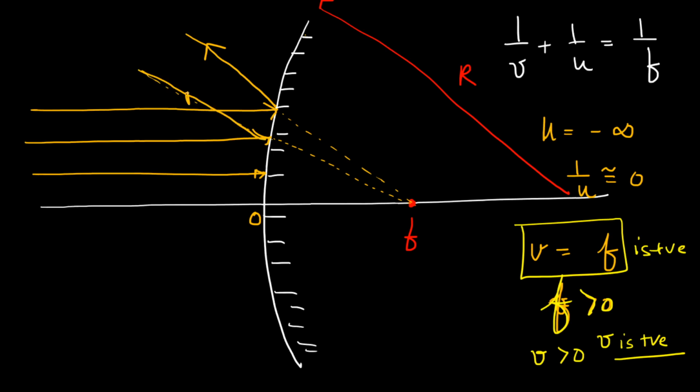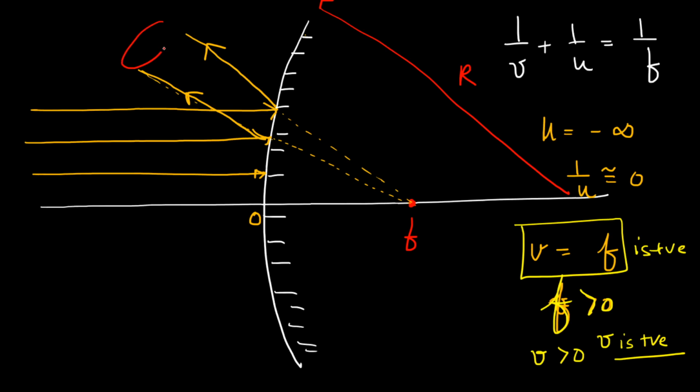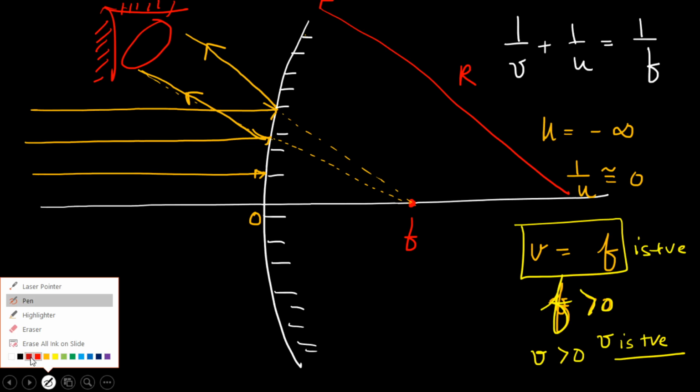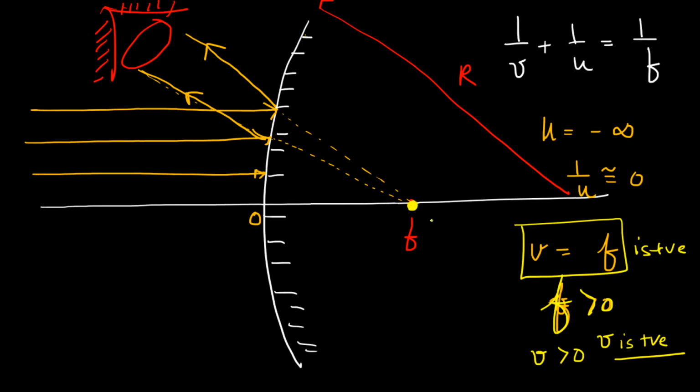What it means is, if there is an eye here, now what the brain thinks is that it's going to project these two rays behind. So the brain thinks that there is something here. Now this is the image. Where was the object? Of course, the object was at infinity. And there is a point object at infinity, and the eye sees it as a point object at this focus, which is to the right of the mirror.